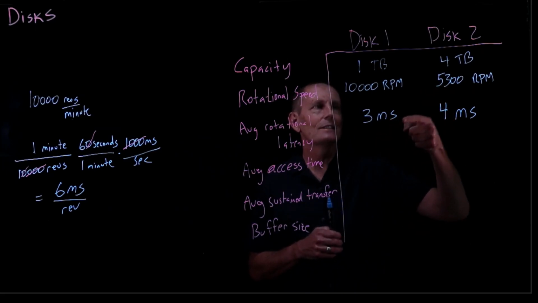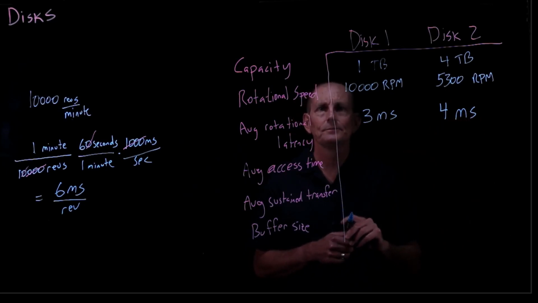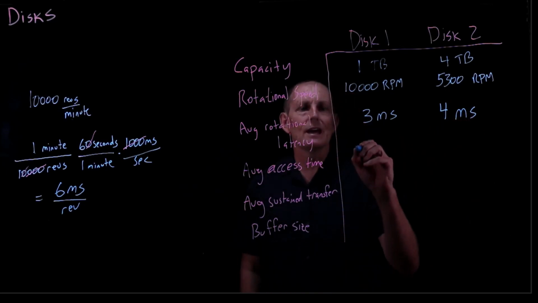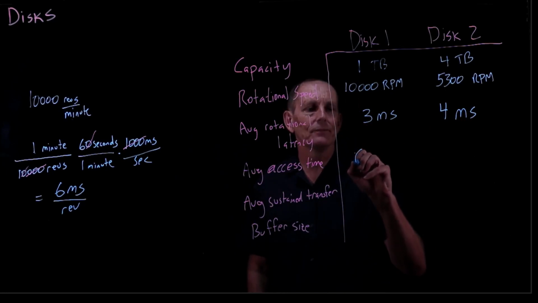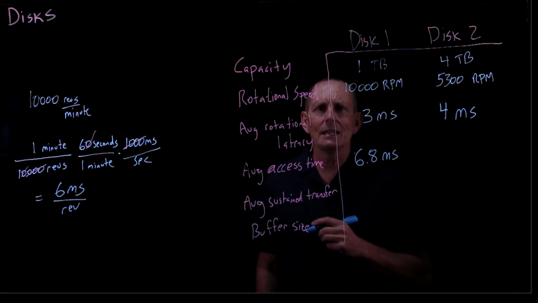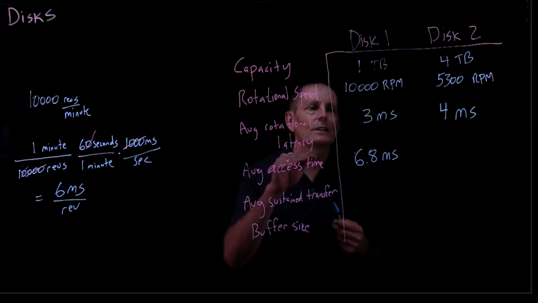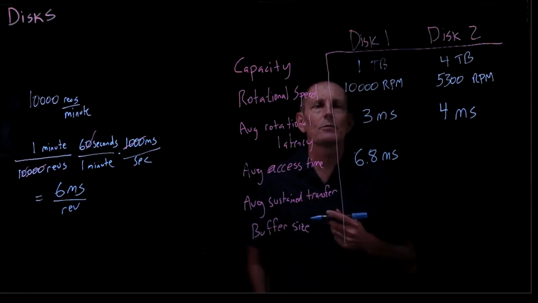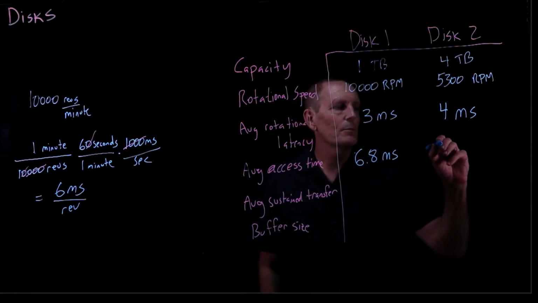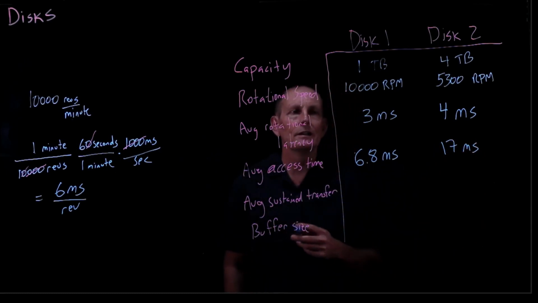Slightly less than half of this. So I don't believe this 4 milliseconds. And then we get an average access time of 6.8 milliseconds. So what's added in here? Basically, we've got the seek time plus the rotational latency. So that says we're seeking at about 3.8 milliseconds. This number, 17 milliseconds. What the heck is going on here?